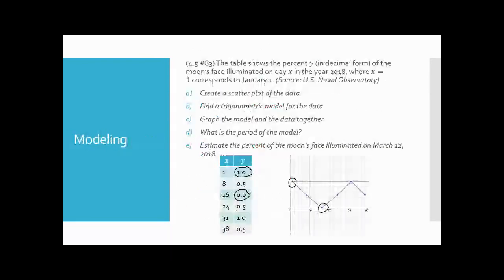So I'm going to go back to the chart here. If we start out at 1, we start repeating again at 1 when x is equal to 31. So our period is the distance between an x value of 1 and an x value of 31, because that's when the y value, the highest point where we started, starts repeating again. We're repeating that cycle.